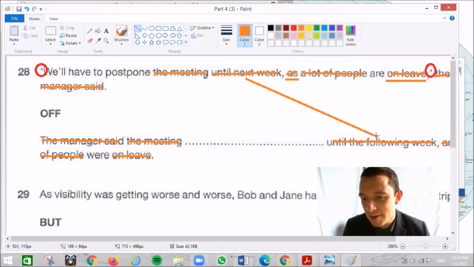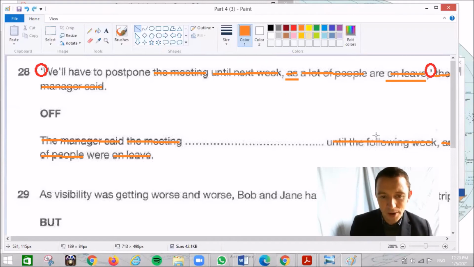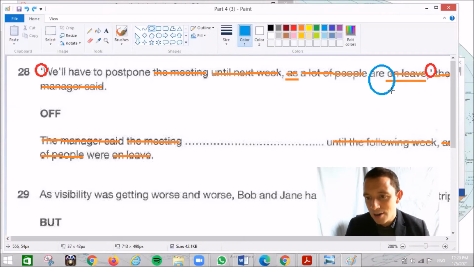So the significance and the meaning is similar, so we can eliminate the two. Okay, now we have, let's see, the verb to be: are on leave, and were on leave. So this follows the rule with the reported speech and the direct speech because it changes the tense. So I think we can eliminate the two, are on leave and were on leave.